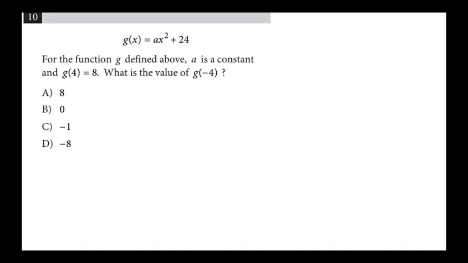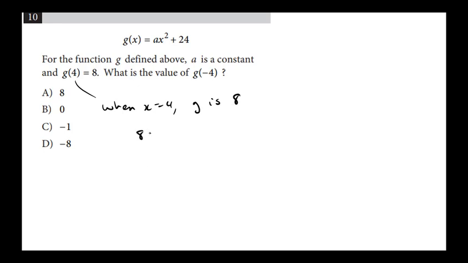Okay, g of x equals a times x squared plus 24. For the function g defined above, a is a constant and g of 4 equals 8. What is the value of g of minus 4? So what is this saying? It's saying when x equals 4, g of x, which is often referred to as like y, is 8.